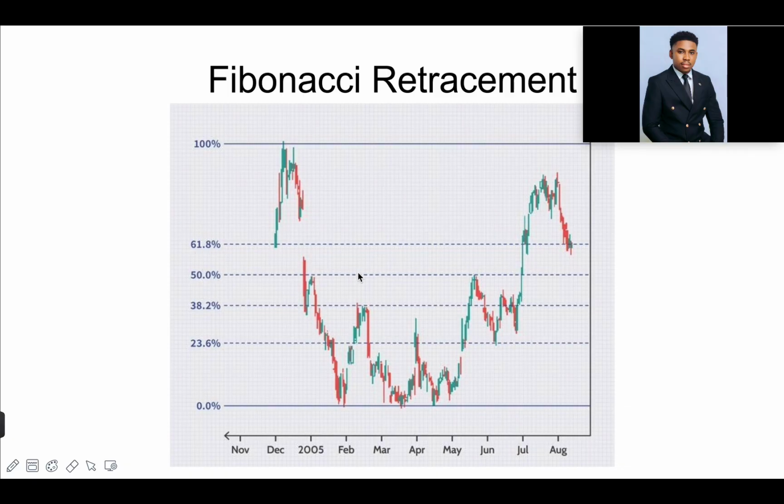And this can help you to identify points of retracement in the markets. It can also give you ideas of where the market is going to reverse. So we're going to talk more about Fibonacci retracements in the mentorship. We'll dive deep into it and explain everything and even give you strategies on how to use the Fibonacci retracement in the mentorship.